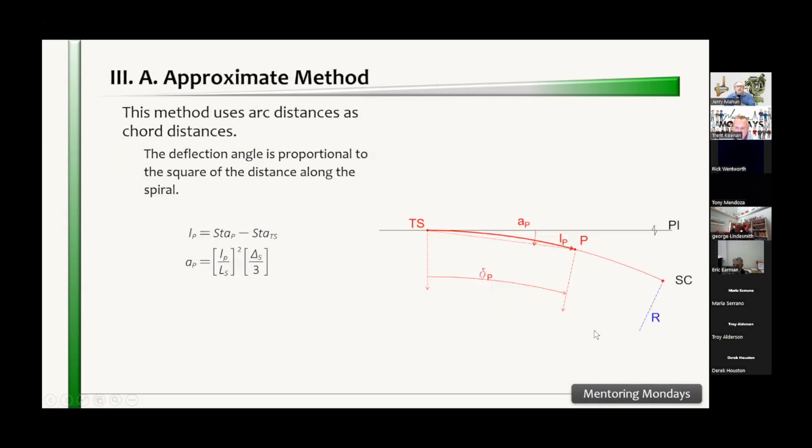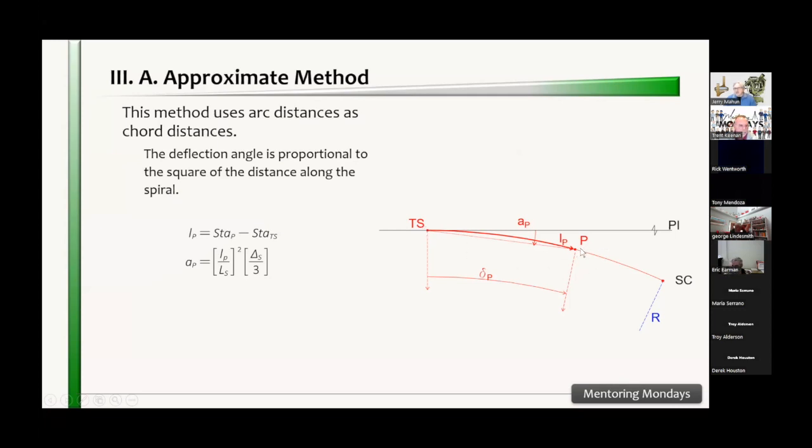So to compute, one way is the approximate method, which is about the most common method, and we can get away with this using short spirals. Basically, we're assuming that the curve is so flat and so short that the arc distance and the chord distance from the beginning of the spiral to a spiral point are the same. So the length from here to here is equal to the station here minus the station here.